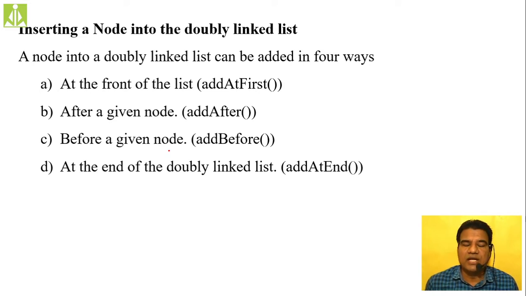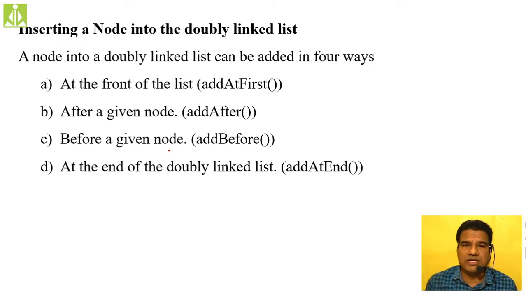That is the reason we have taken the function name as add at first, because it adds the newly created node at the beginning, that is, at the front of the doubly linked list. The name clearly reflects the reason.